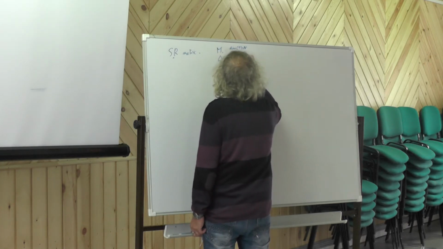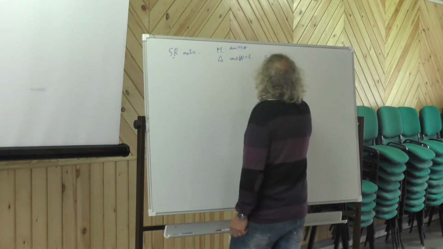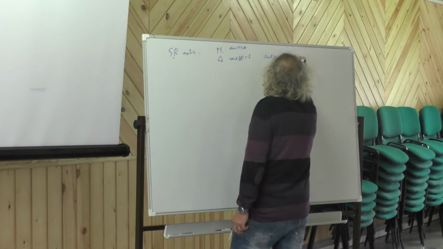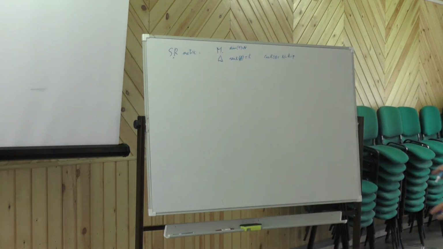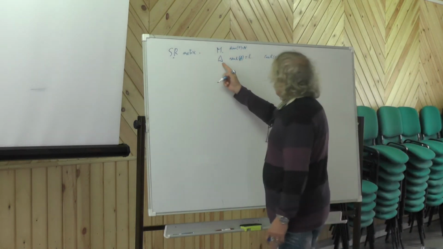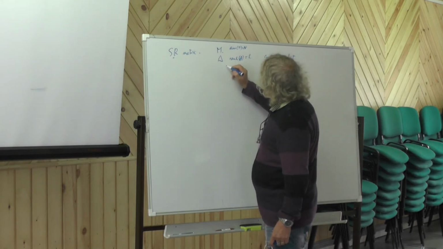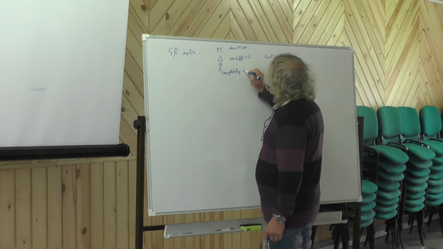The corank of delta is n minus k equals p. This distribution is assumed to be completely non-integrable.